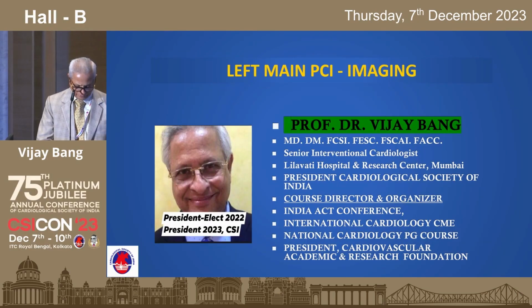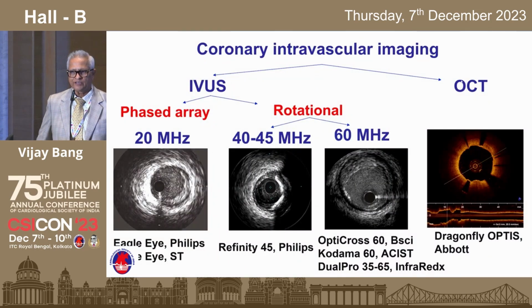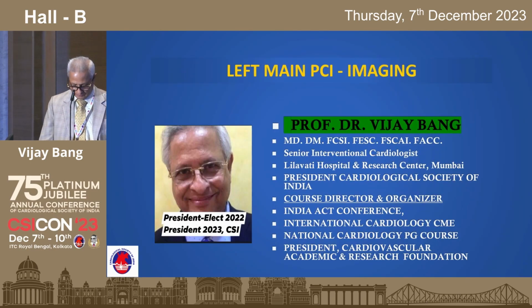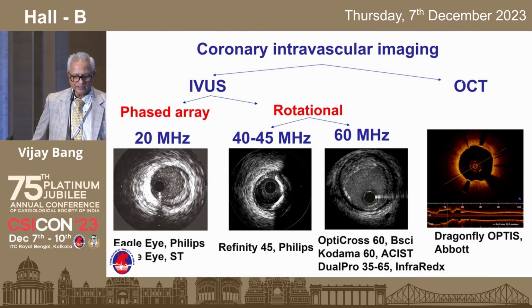Chairperson, ladies and gentlemen, we have this session on left-main PCI, and I have been given the responsibility of covering coronary imaging during the planning and performance of LMCA PCI.